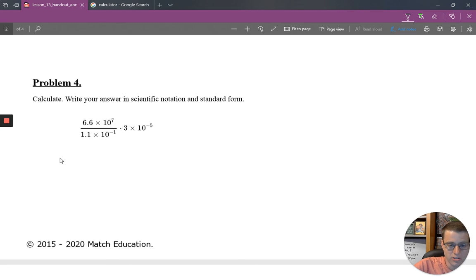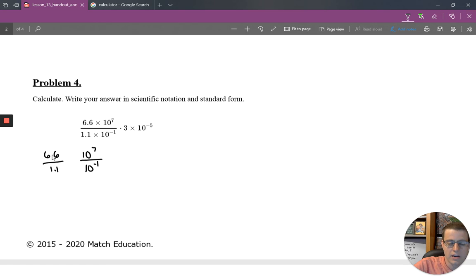So let's take first 6.6 divided by 1.1, and the other part is 10 to the 7th divided by 10 to the negative first.